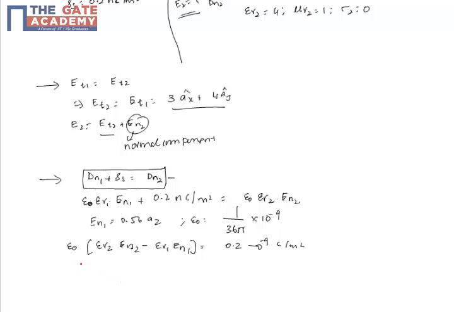If we solve this, we will have 4 En2 minus 2 En1 is equal to 0.2 into 10 power minus 9 by epsilon naught, which can be given as 22.6 if you solve this.